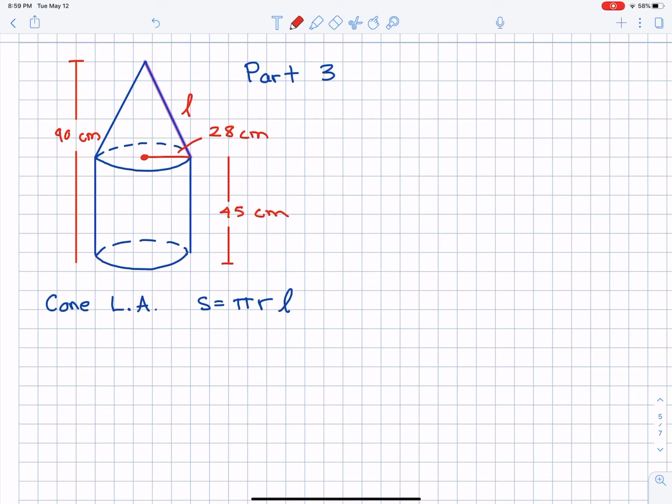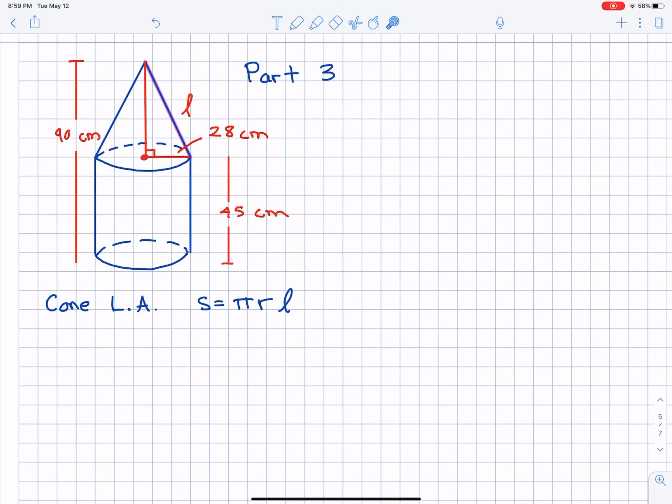So let's see what we can do here. As usual, we want to see if we can find that right triangle. I think you'd agree we can make a right triangle by dropping our vertical down right there. So this is perpendicular. We already know that this length right here is given to be 28. So we have that piece of the triangle.